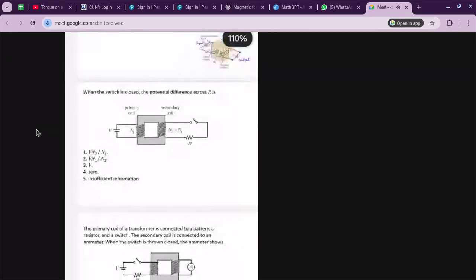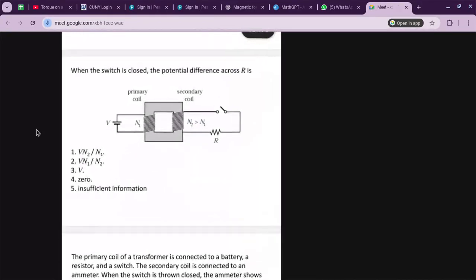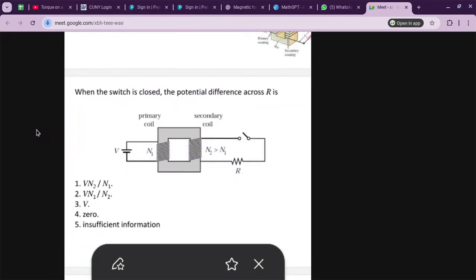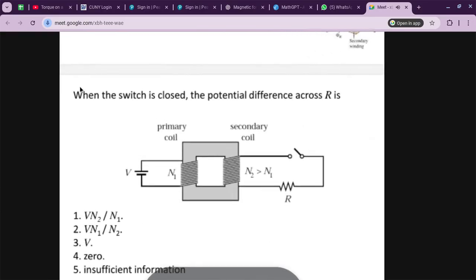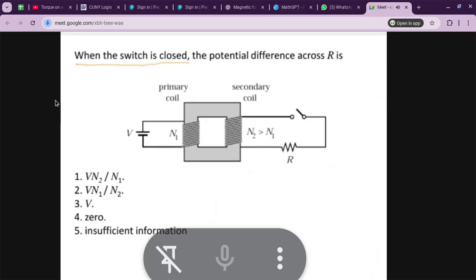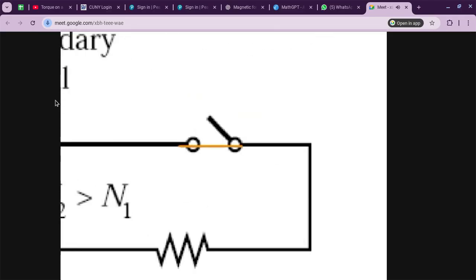Now let's talk about this one. So when the switch is closed, it means this circuit is complete.